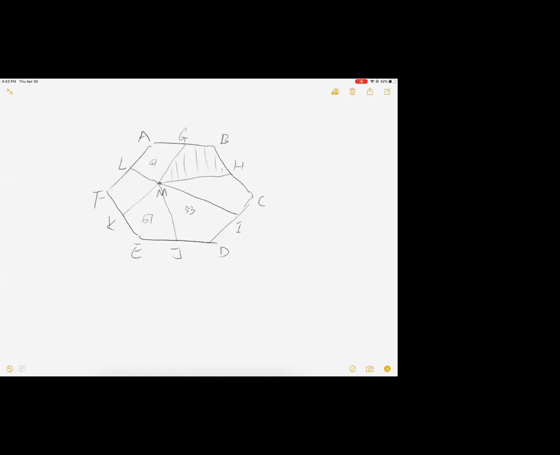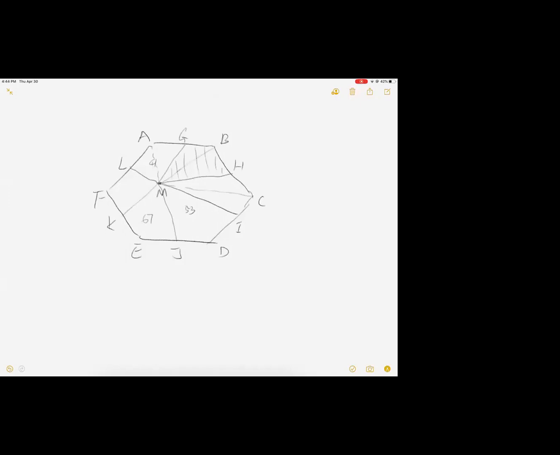Okay, Nia, go ahead. On the question, it said that it's a regular hexagon. I first separated each into half. So you're connecting AM, BM, like this? Yes.